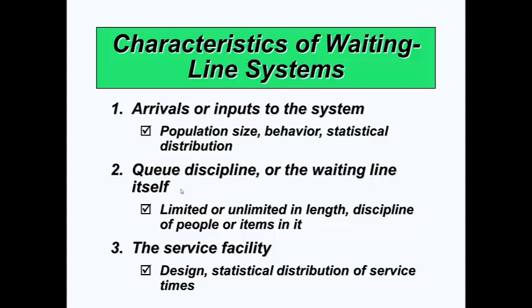Is that clear? So the arrival statistical distribution is Poisson, and the statistical distribution of service time is negative exponential. And like I said, negative exponential provides the time, whereas the Poisson provides the rate. So in essence, it is the same.